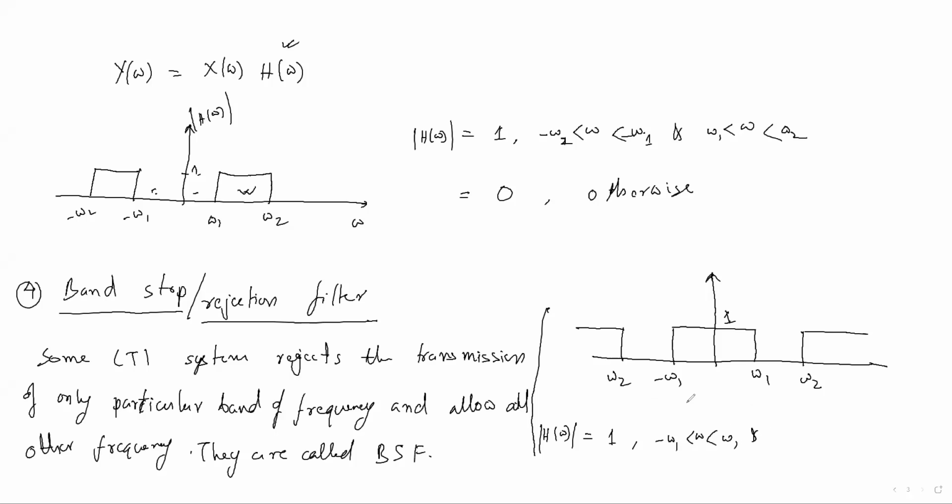And you can write this: omega is less than minus omega 2, and also omega greater than omega 2. Or you can write 0 otherwise. This is the mathematical definition for the band stop filter.